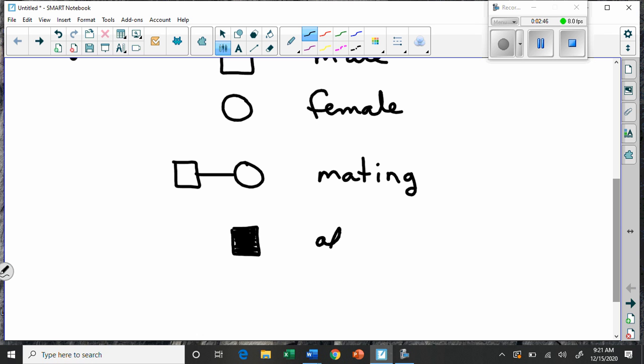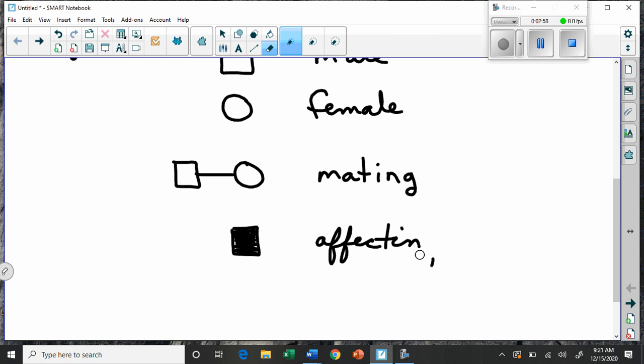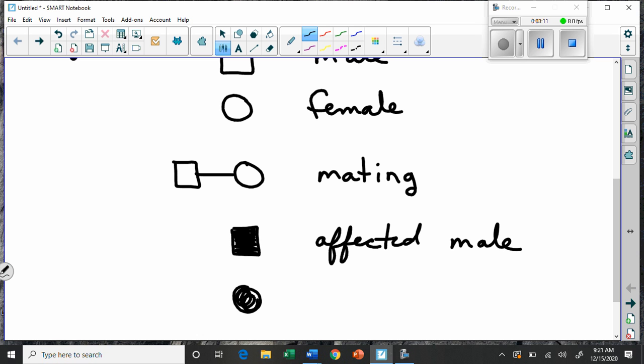In other words, they're exhibiting the recessive phenotype, whatever the condition or trait might be. It doesn't have to be a disease, it could be any trait, but these are the ones that would have the trait. So that's an affected male, right? And then the colored in female would be the same thing, an affected female.